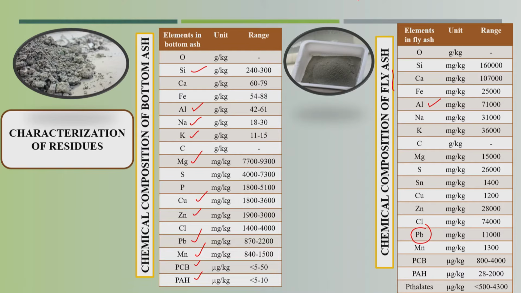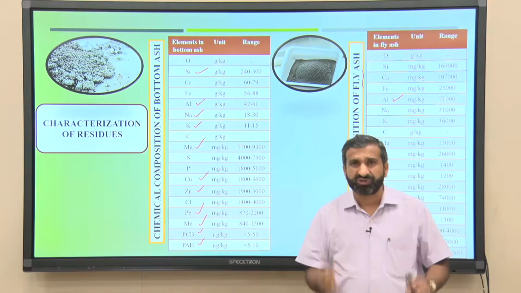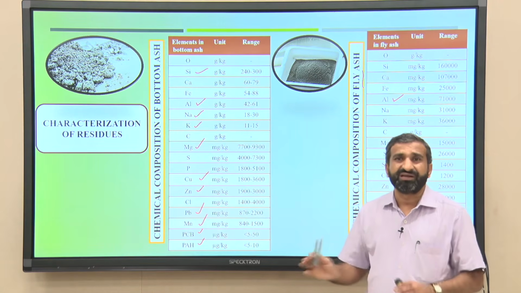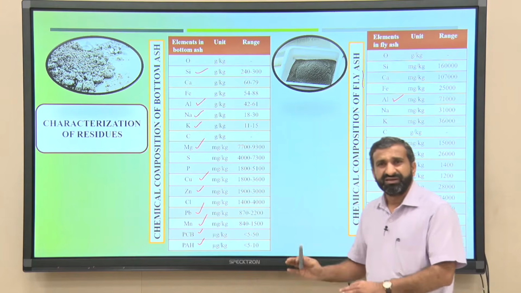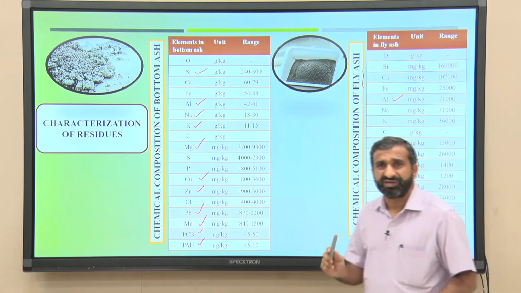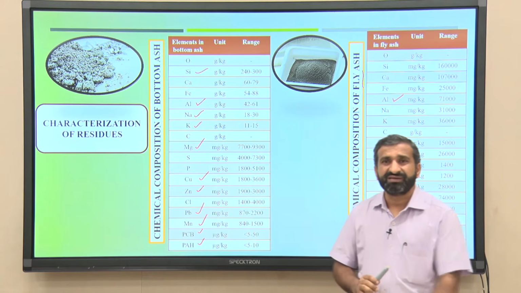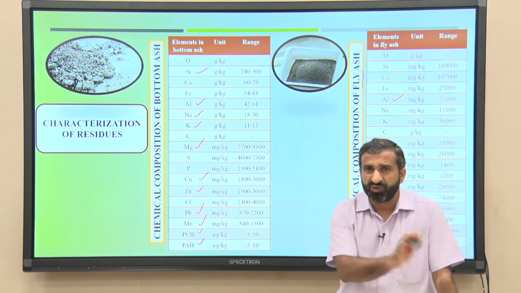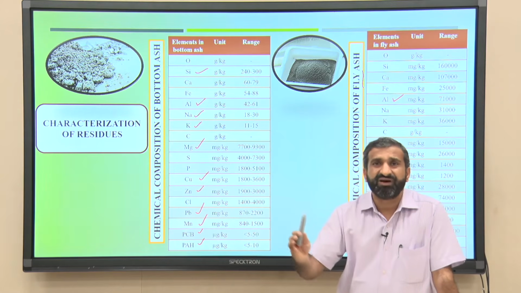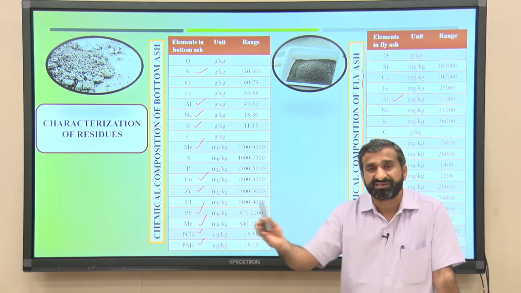Normally these kinds of residues are called toxic, because the toxicity is mainly due to metal concentration, and a very large concentration of metals is available in this solid residue. Many times even coal fly ash, from coal power plants, is utilized for brick making or as a construction material.